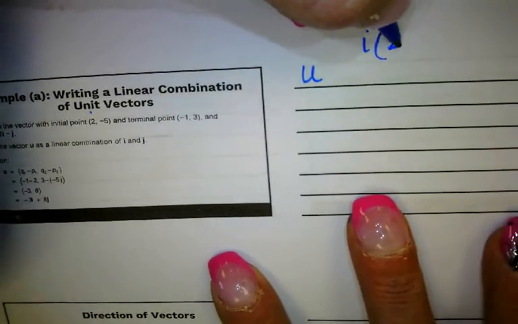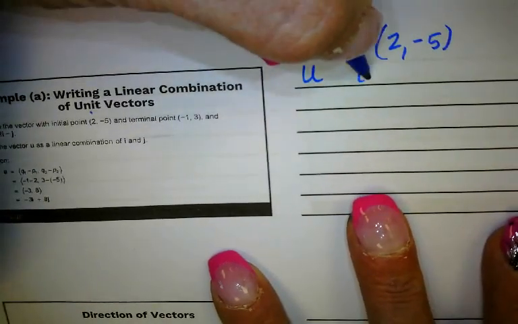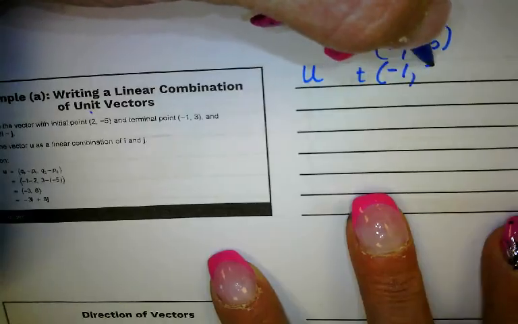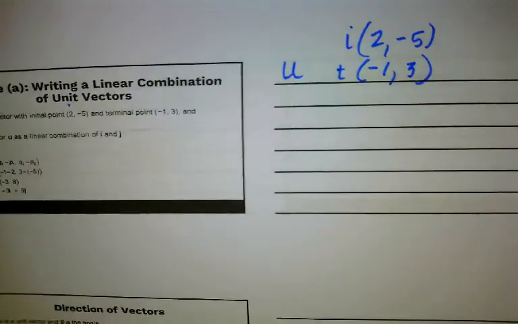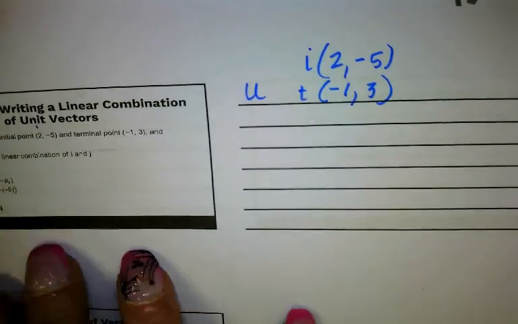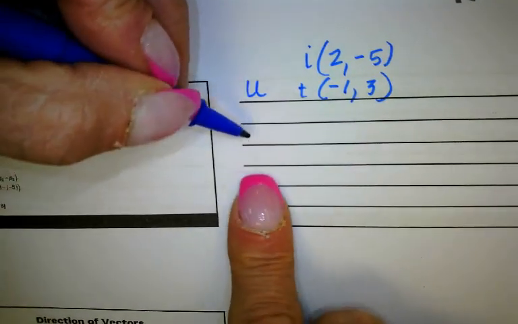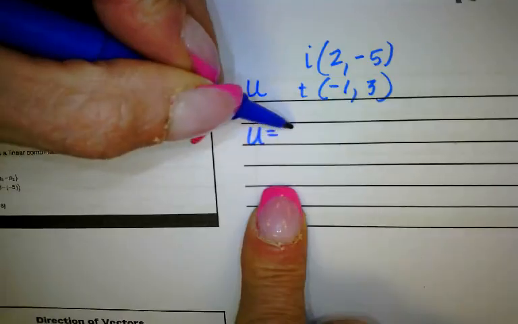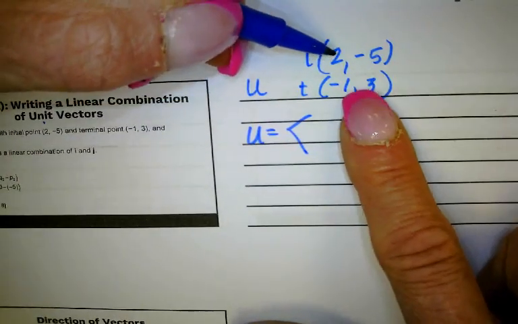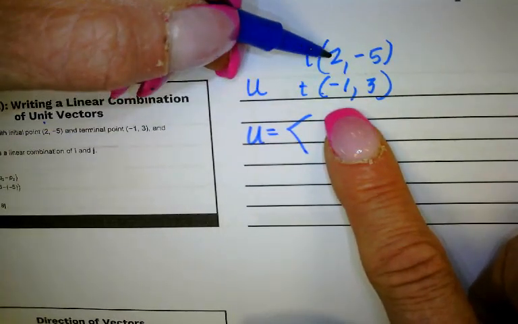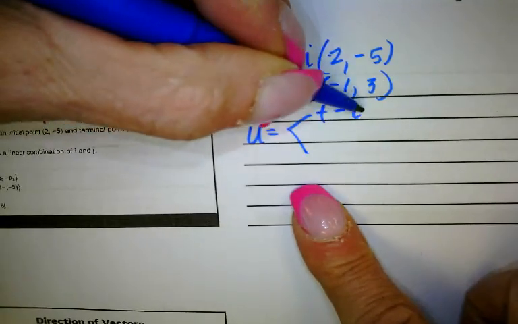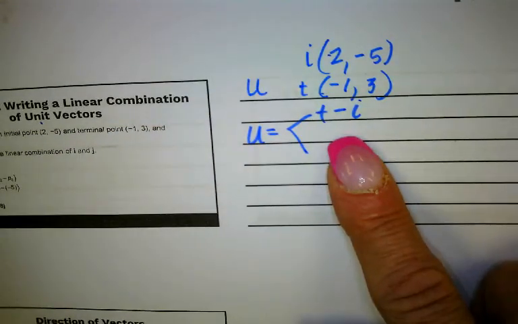To write this in component form, I take the x's, end minus beginning. You always take the terminal point minus the initial point. The terminal x minus the initial x. End minus beginning. To write a vector from ordered pairs, you take end minus beginning.